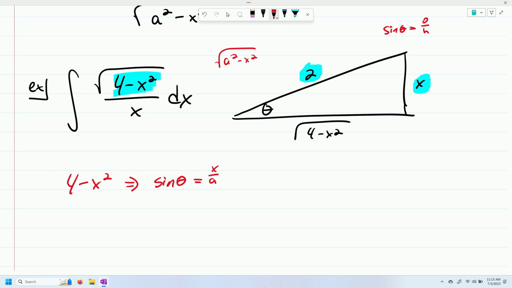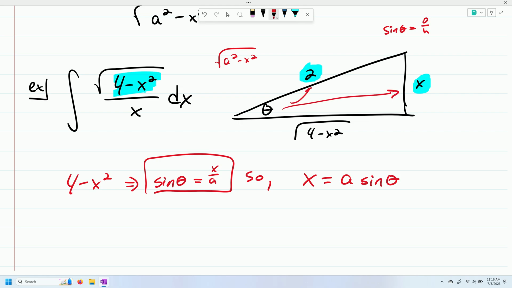If I take sine theta equals x over a and solve for x, x is going to equal a times sine theta. So that's the easy way to remember how this goes. Sine theta will always be x over a, and sine theta is opposite over hypotenuse. So the x goes on the opposite side, the 2 goes on the hypotenuse side.